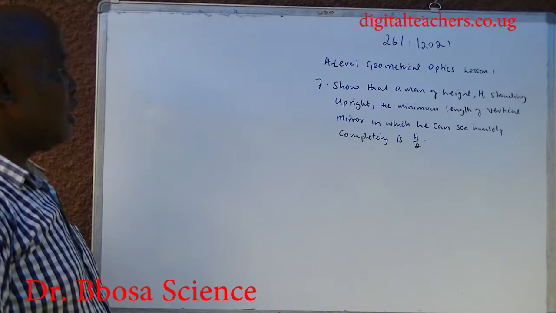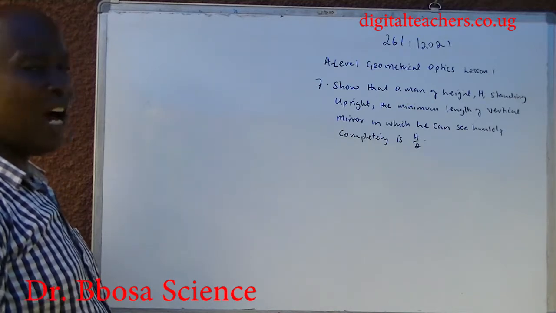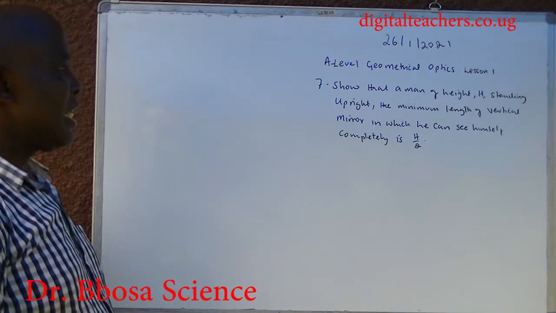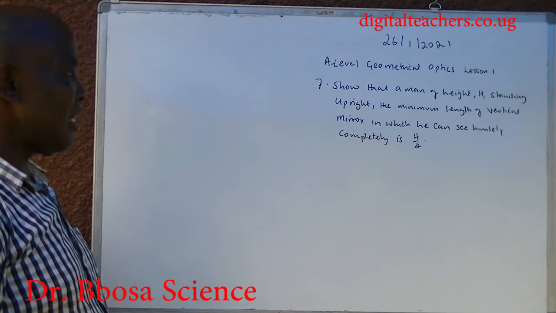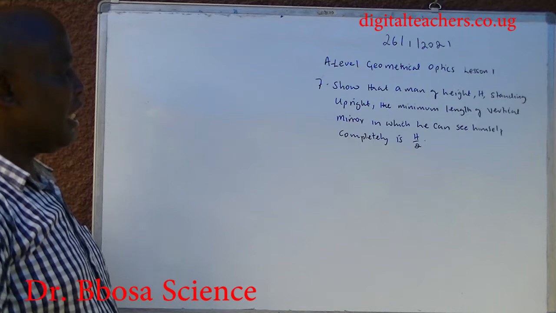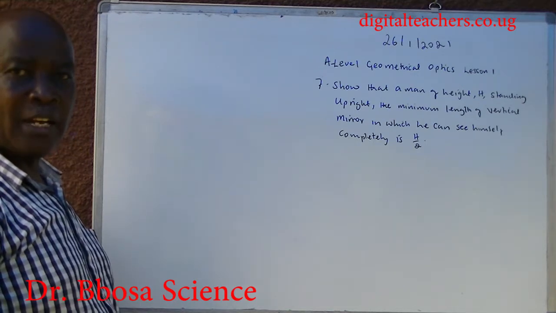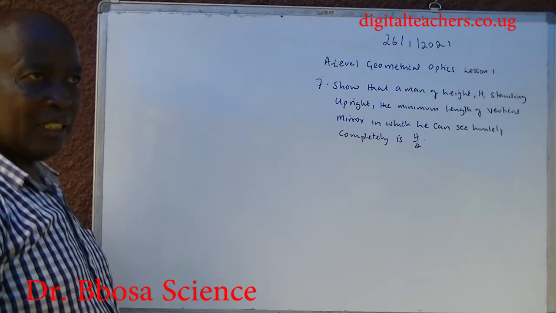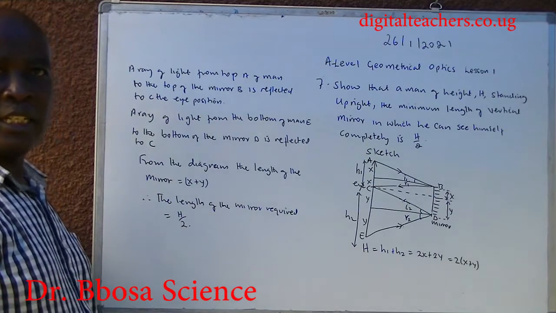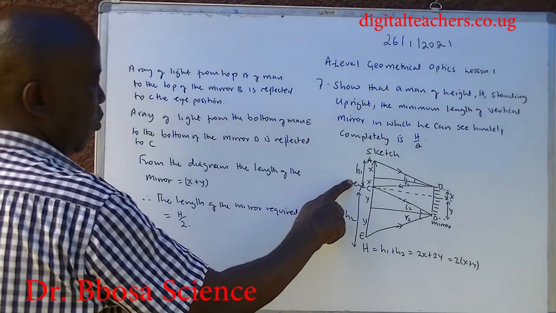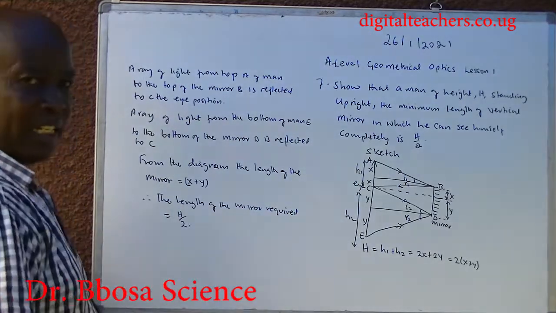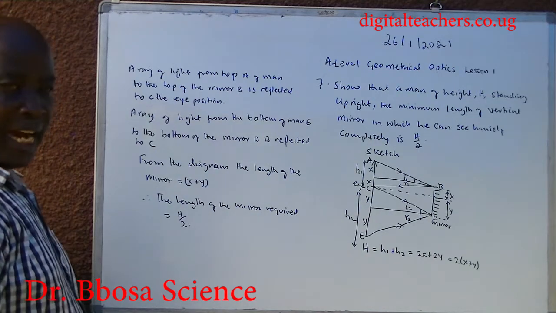Number 7. Show that for a man of height capital H standing upright, the minimum length of vertical mirror in which he can see himself completely is H over 2. You can pause and answer. The sketch is given below. The man is split into two portions, one of height H1 above the eye, another one of height H2 below the eye.